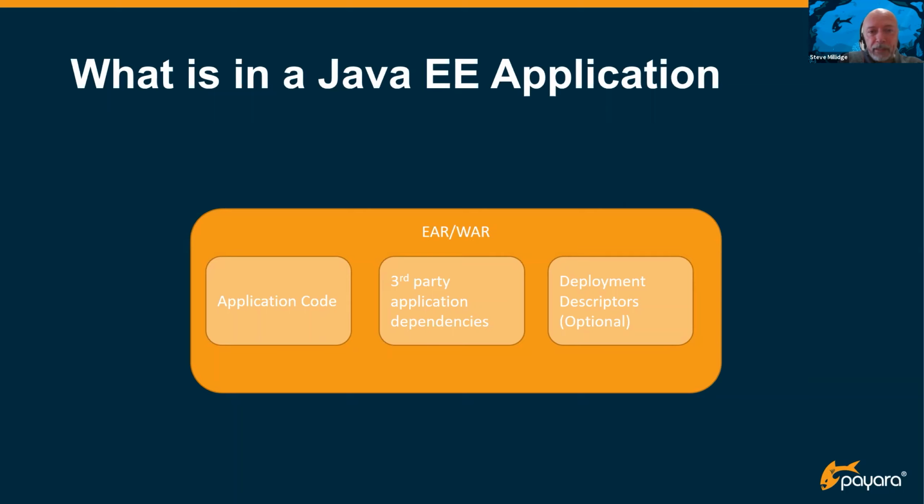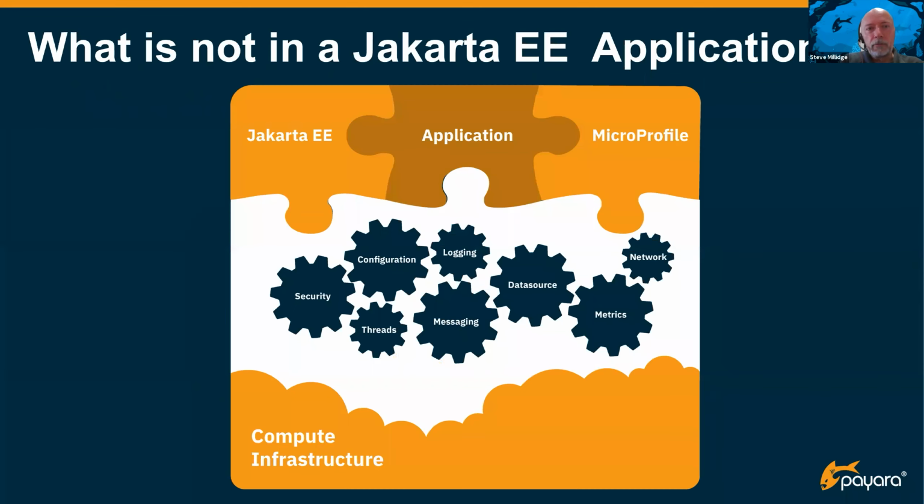With this deployment model, you just build that archive. What isn't in your application, if you're doing a JavaEE, Jakarta EE application, is all the things that aren't really related to your application.